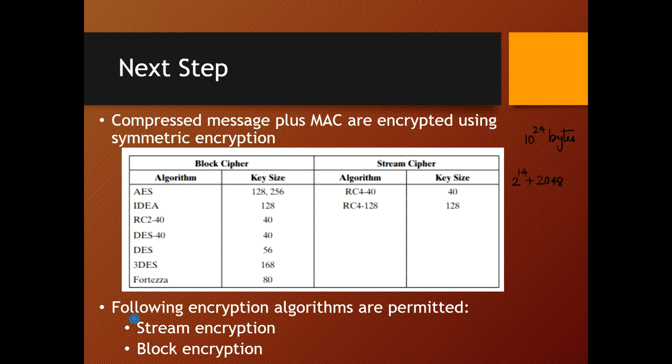So for stream encryption, the compressed message plus the MAC are encrypted. That is, both the compressed message and the MAC are encrypted, and the MAC is computed before the encryption takes place.